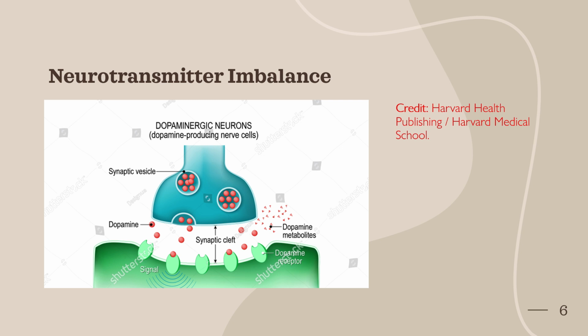In a bipolar brain, the physical structure of these cells or the way they handle these chemicals is compromised. If the spray is too strong or the receivers are too sensitive, the entire messaging system begins to fail, leading to the erratic behaviors known to be associated with this disorder.